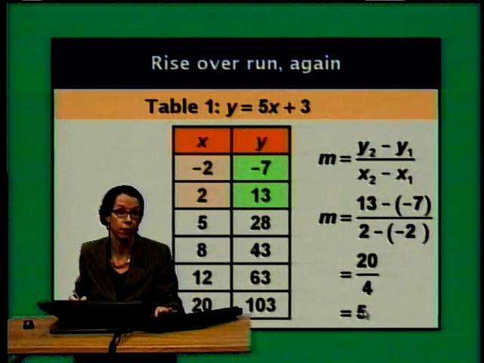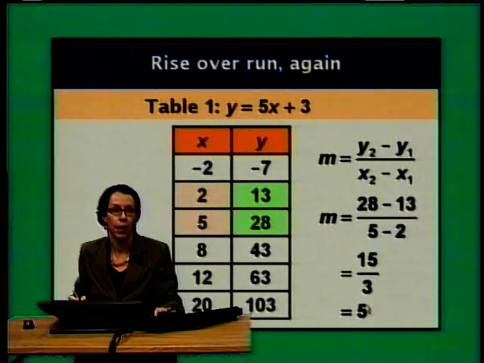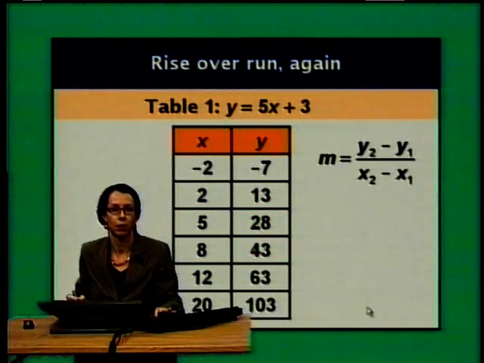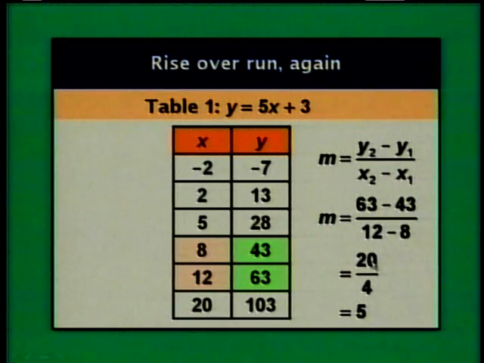That reduces to 5. The next pair, I get a rise of 15 over a run of 3. That reduces to 5. Same thing from the next pair. Now in this pair, I get a rise of 20 over a run of 4, which is 5. The last pair, I'm getting a rise of 40 over a run of 8, which again is 5.